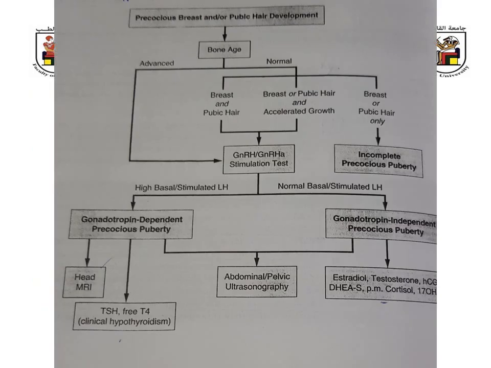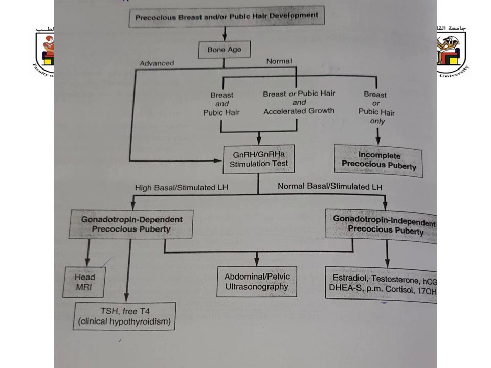This is a worksheet that could direct you how to deal with a patient with precocious breast and or pubic hair development. Ask for the bone age, if it is normal or advanced. If it is advanced, you should go for a gonadotrophin-releasing hormone stimulation test for early diagnosis of cases.